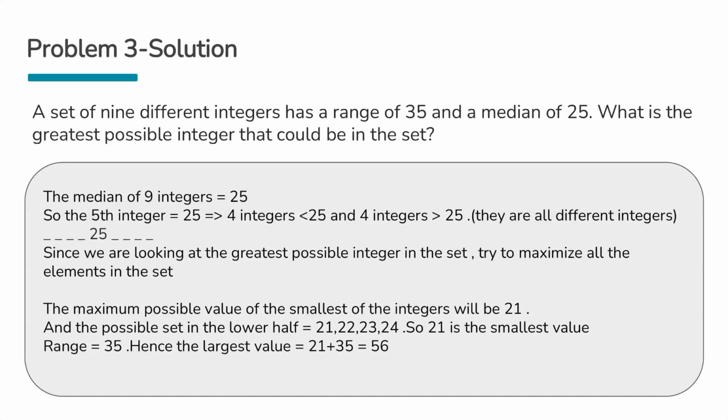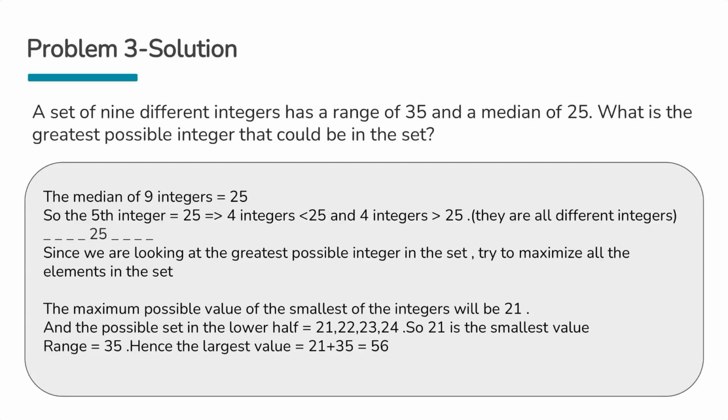How low can it go for the maximum value to be there, the 56? I want the maximum value there. The range is 35. The last element has to be the maximum value. How low can you make the minimum value, that is the least value or the first element in the data set, so that the last element is the maximum value? That is the question. So try manipulating with simple numbers.